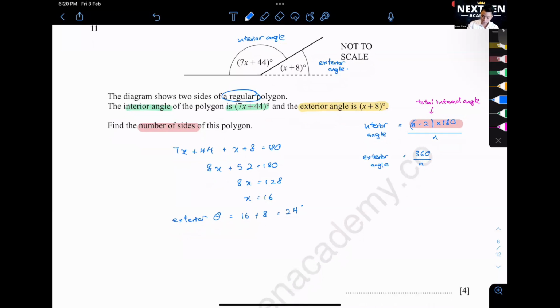If I want to find n, I just switch both of these. So n equals 360 over the exterior angle. So n equals 360 over 24, which will be 15 sides. For those who used interior angle, it also works, it's just that the working will be slightly longer.